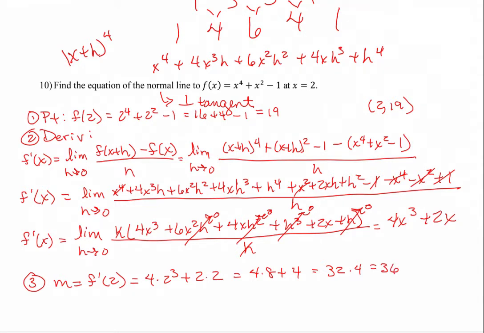So this is the slope of my tangent line. Right? So my perpendicular slope is the negative reciprocal, which is -1 over 36. So this is my normal line slope.